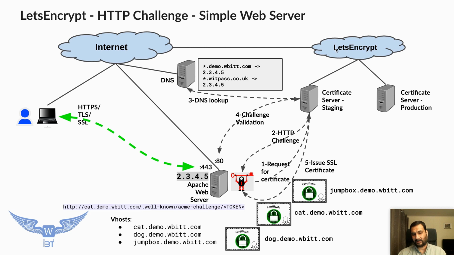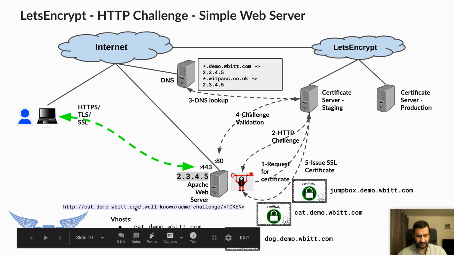These are the 2 certificate environments or servers: one is staging and one is production, belonging to Let's Encrypt. The second most important item here is your web server, where you are serving some websites. They could be any websites, and they would be configured as virtual hosts in your web server's config file.